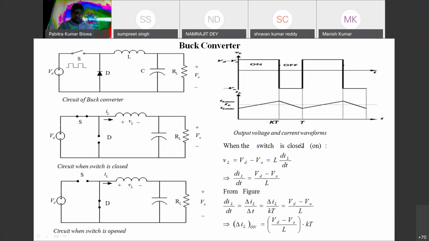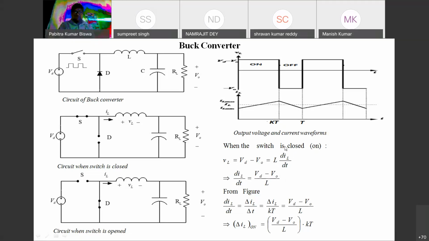Now when the switch is closed, this is the current waveform with the maximum and minimum inductor current. The inductor current increases to its maximum, and after the off condition it decreases. When the switch is closed, we write Vd minus V0 equals L dIL by dt.